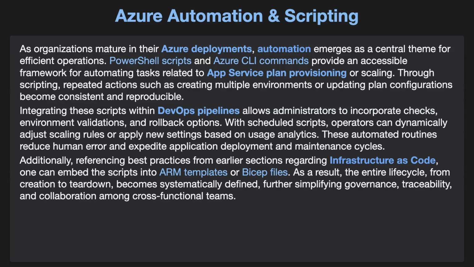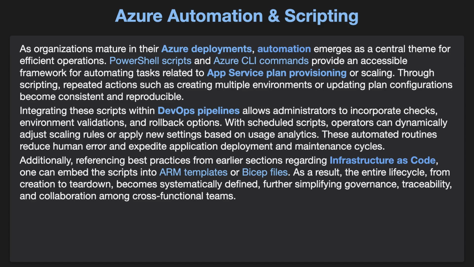As organizations mature in their Azure deployments, automation emerges as a central theme for efficient operations. PowerShell scripts and Azure CLI commands provide an accessible framework for automating tasks related to App Service Plan provisioning or scaling. Through scripting, repeated actions, such as creating multiple environments or updating plan configurations, become consistent and reproducible.